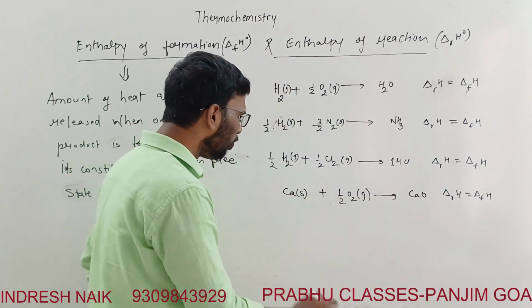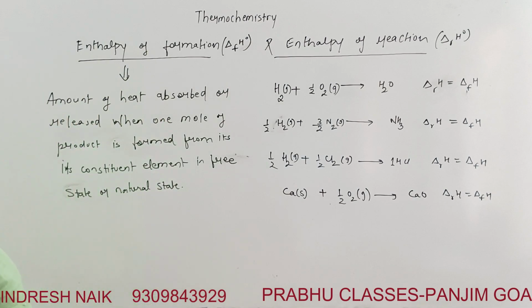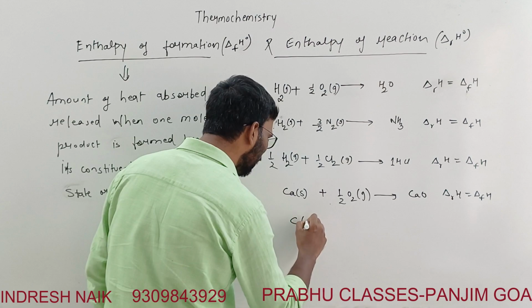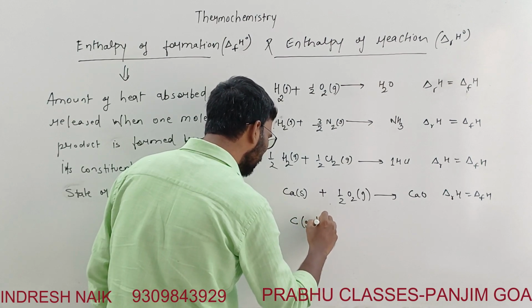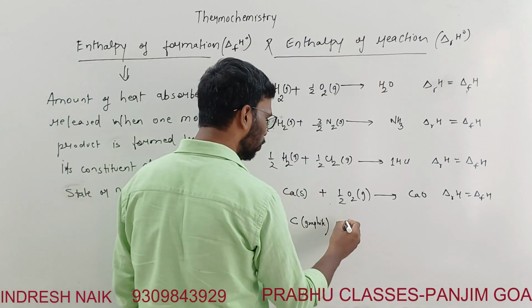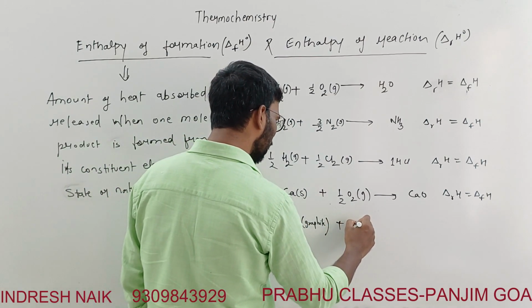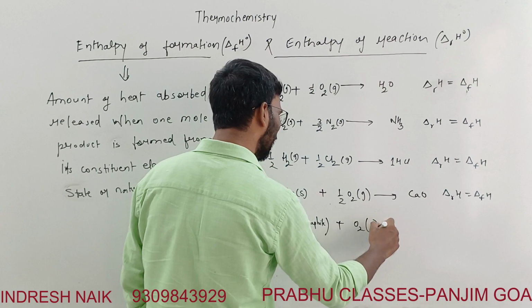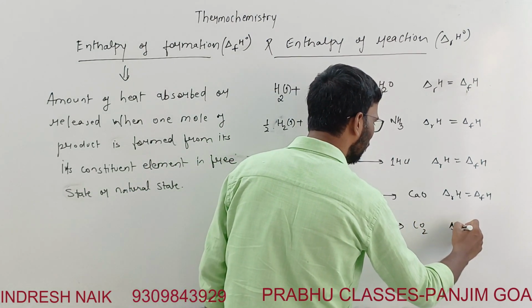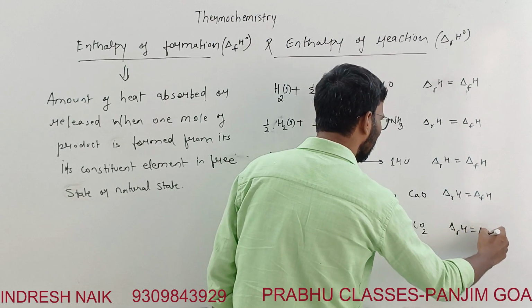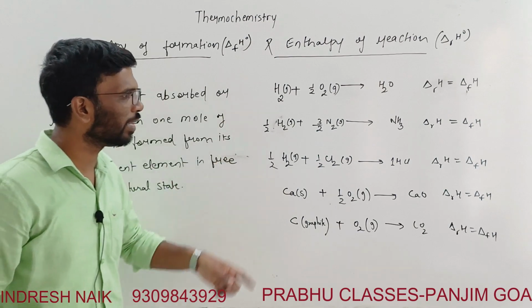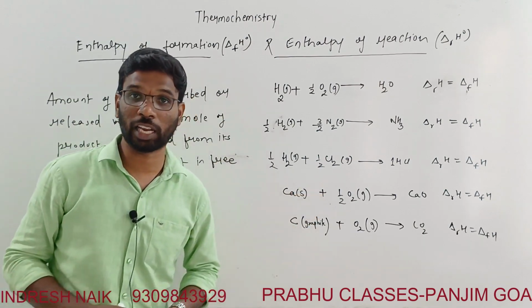We'll write one more example, carbon dioxide. That is carbon, we'll take graphite, where it exists in the natural state, and oxygen gas, giving carbon dioxide. Here also enthalpy of the reaction is equal to enthalpy of formation. So these are the examples where enthalpy of the reaction is equal to enthalpy of formation.